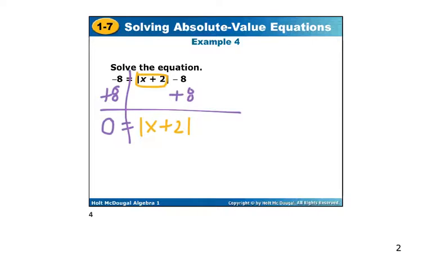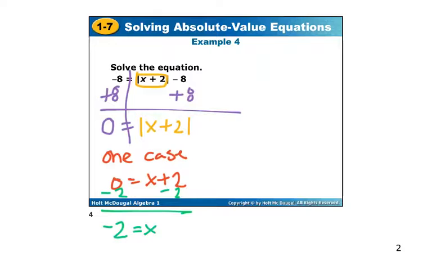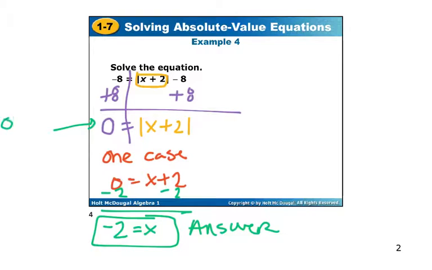We can only have one case, and the one case is that 0 is going to equal x plus 2. Then we solve that, and we're going to subtract 2 from both sides. And we're going to get negative 2 equal to x, and that is our answer. And again, there's only one solution because of that absolute value equaling 0.